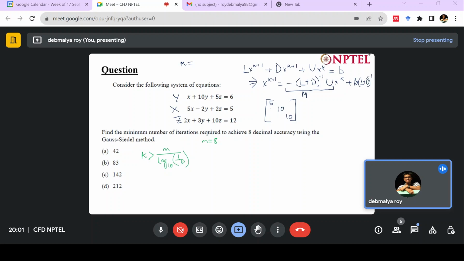So this is the Y equation's first coefficient, that is 1, and these are the first two coefficients of the Z equation, which are 2 and 3. So these are 0. So you have to find out the inverse, right?